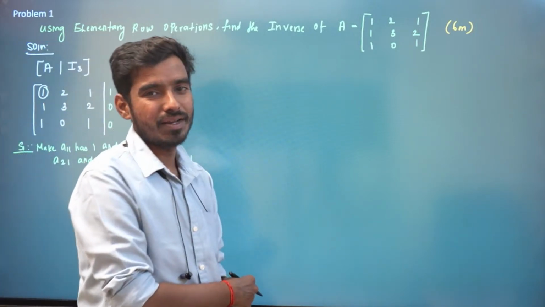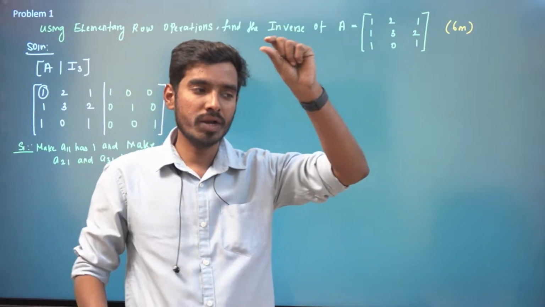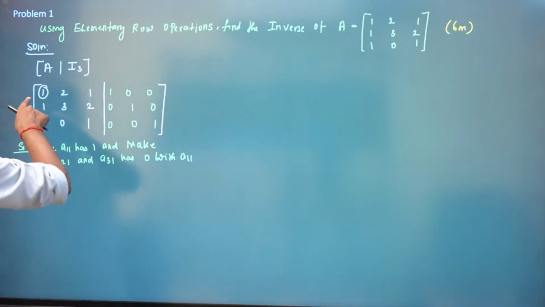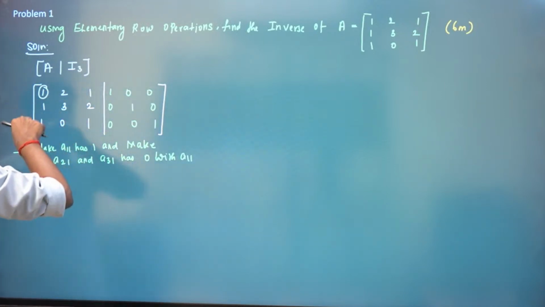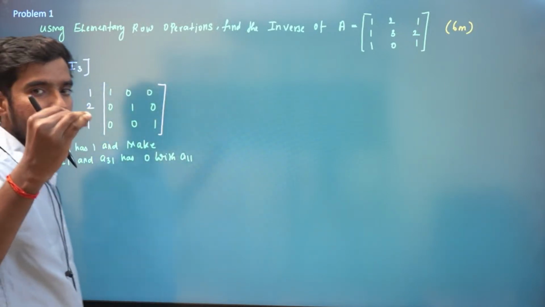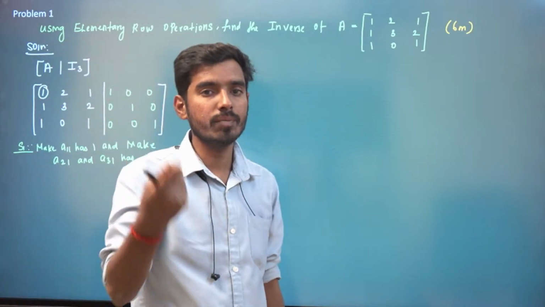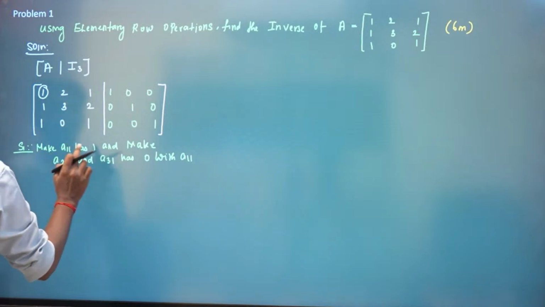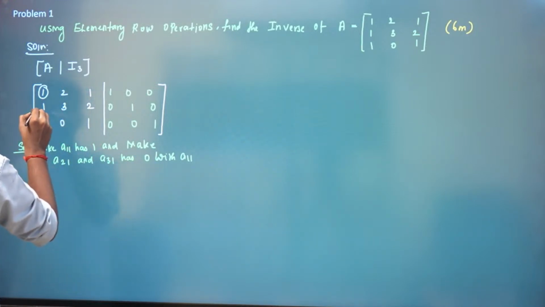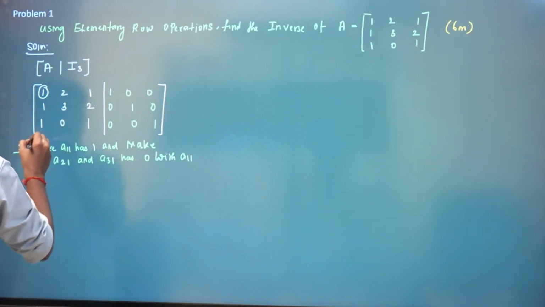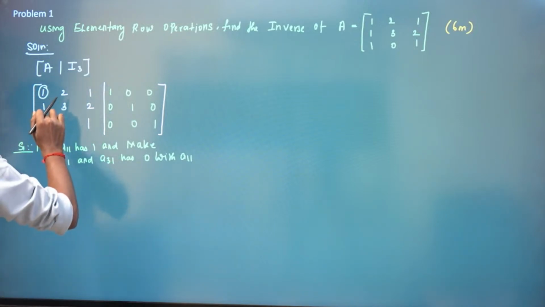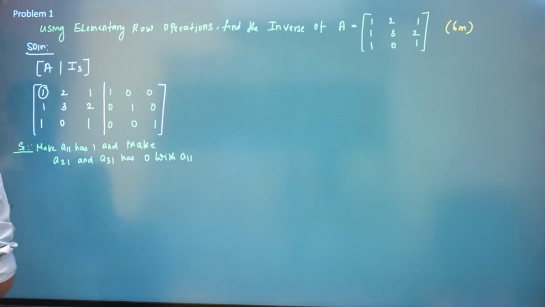We are reducing to the identity matrix, right? We are making the first row, first element 1, and below that everything is 0. Now already this element is 1, so we don't need to make this 1. Suppose if it is some 2, you divide row R1 by 2, so that it will be 1, right? So already it is 1. So make A11 as 1 and make A21, A31 as 0 with the help of A11. So we'll make these two elements 0 with the help of A11.